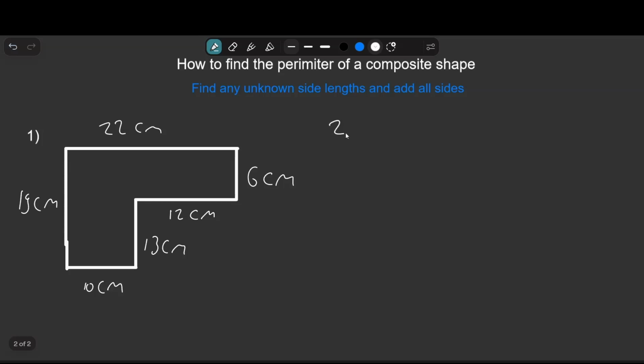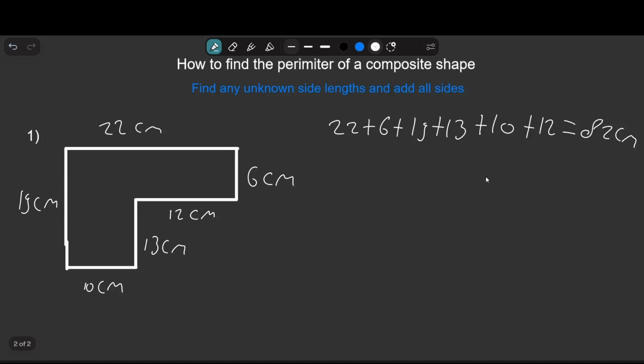So we get 22 plus 6 plus 19 plus 13 plus 10 plus 12, which equals 82 centimeters.